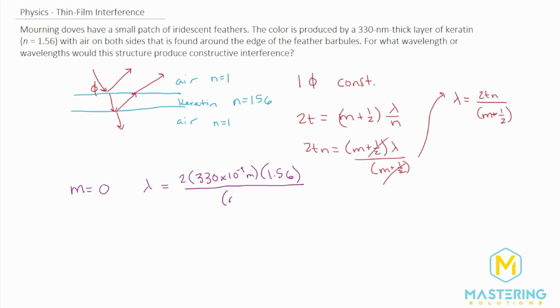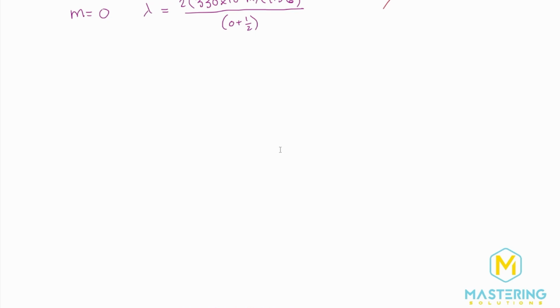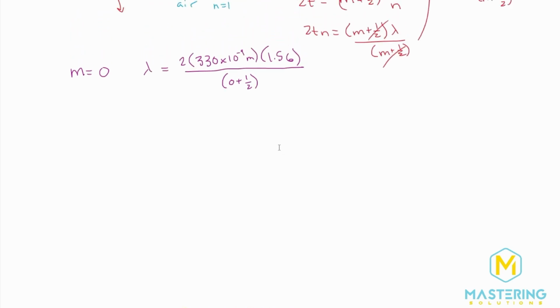So in this case, it's 0 plus 1/2, so just a half. Now, we did this on the last question where we didn't really know exactly how many m orders we should do. So let's do 1, 2, and 3. We can do more if we need, but let's start there and see how that takes us.